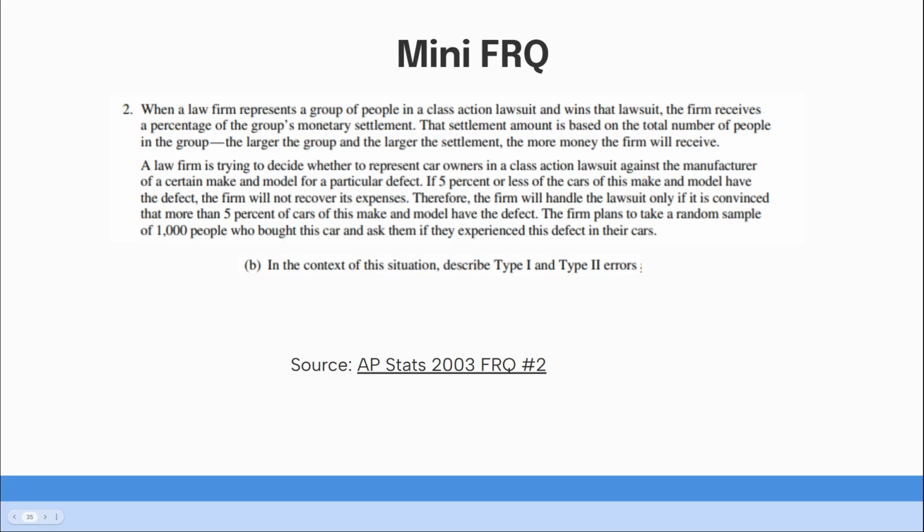Let me see if OBS is still sharing. Scoring guidelines, number 2.